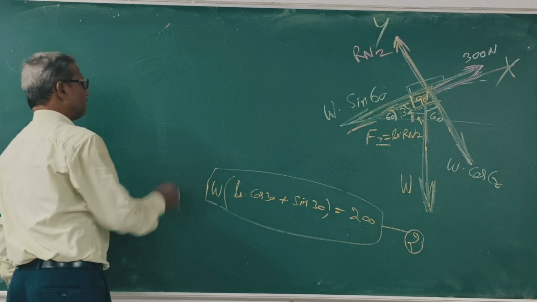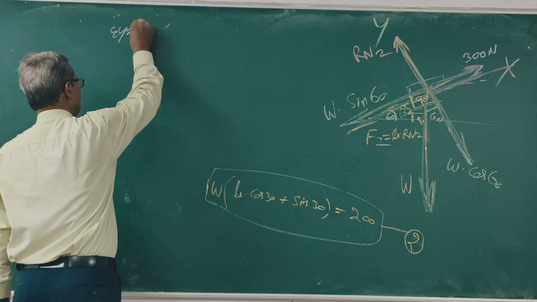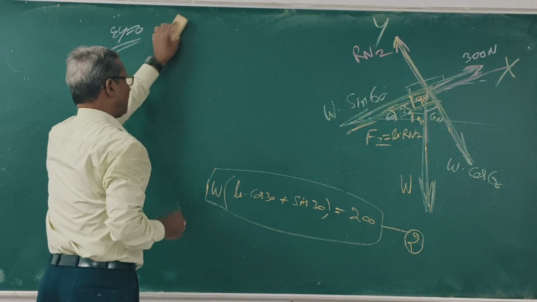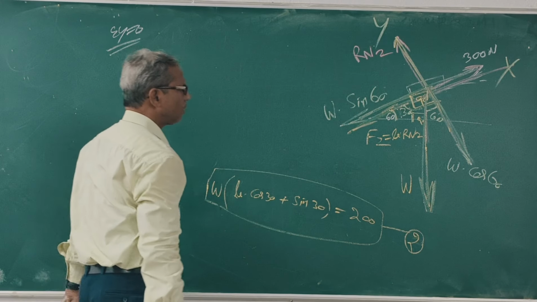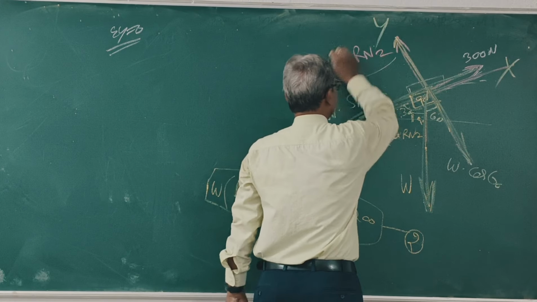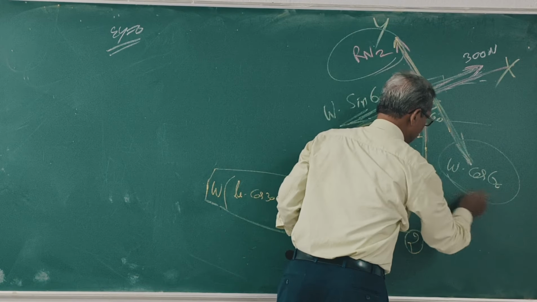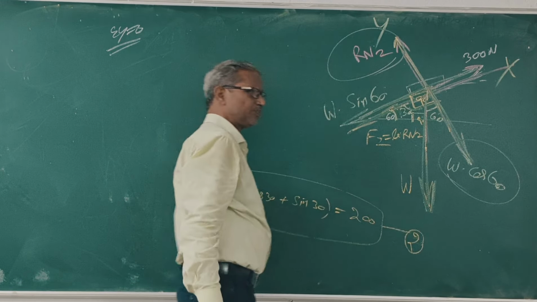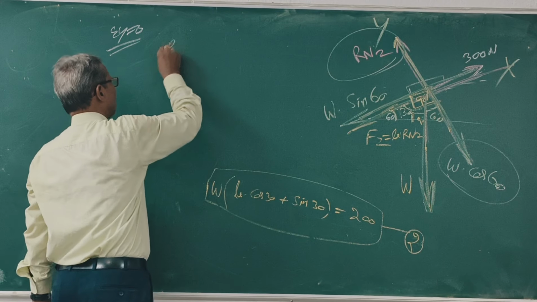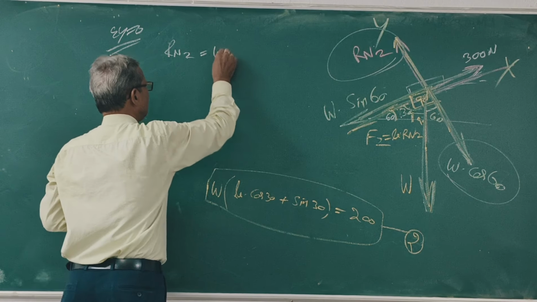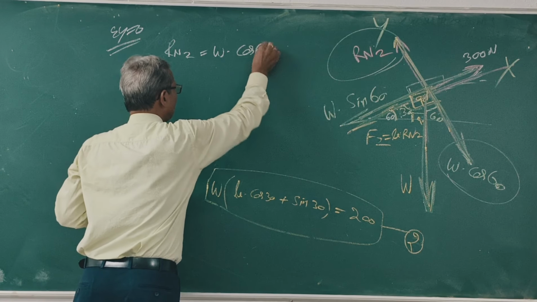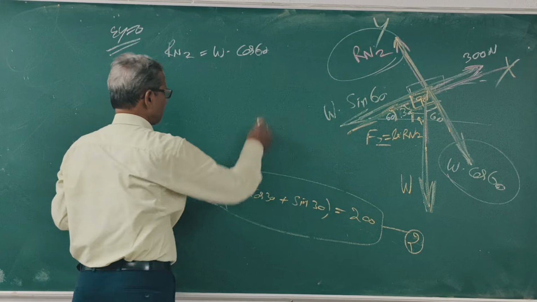First, sigma y is 0. What is Rn2? Rn2 is equal to W cos 60. Equation 3.